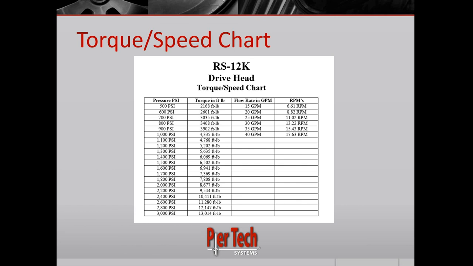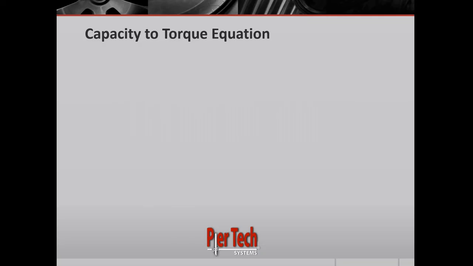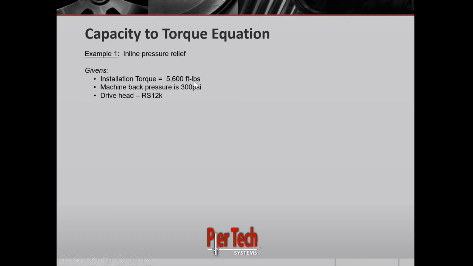Now let's apply this back to our examples and determine what our pressure reading requirement is for a particular torque. Remember from our first example, we determined a torque requirement of 5,600 foot-pounds. Now you're out in the field and you're installing the pier. You've determined your back pressure for that machine is 300 psi, and you're using the RS-12K drive head, the chart I showed in the previous slide.